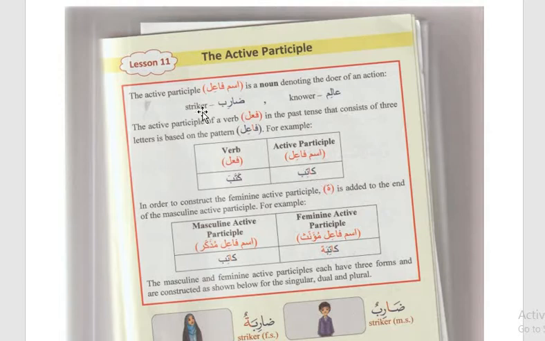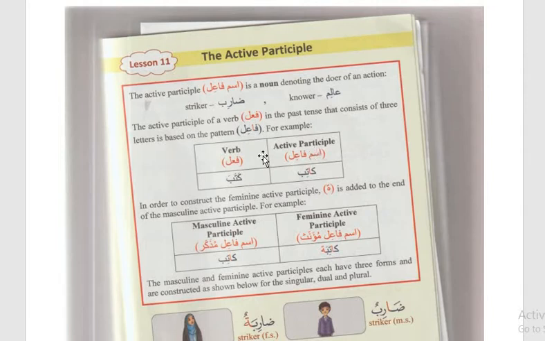Strike, striker. ضارب, كاتب, عالم. All these nouns are active participle, اسم فاعل. They are all on the same pattern of فاعل. This is our base. This is the pattern that we should follow. Any noun that is on the same pattern of فاعل is going to be the active participle.